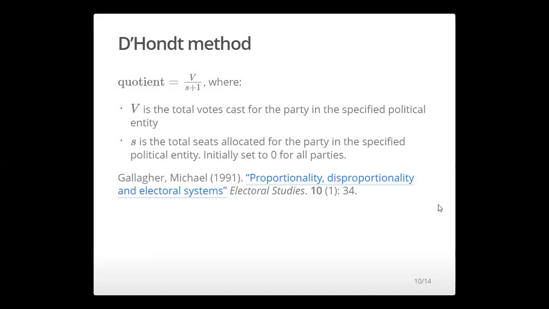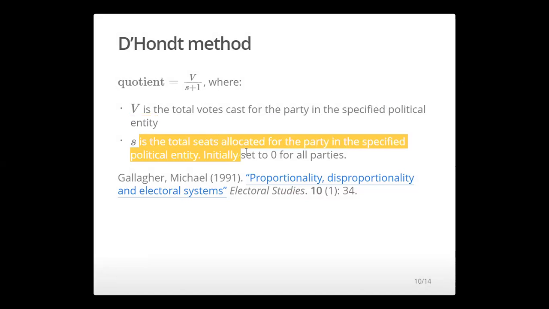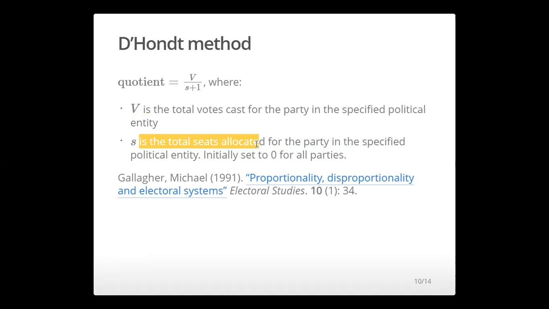Well, there's something called the D'Hondt method, named after the Belgian mathematician Victor D'Hondt, and basically we have this formula here where V is the total votes cast for the party in that specified political entity, and I say entity because it doesn't have to be a nationwide vote count, whereas S is the total number of seats allocated for the party in that particular entity.